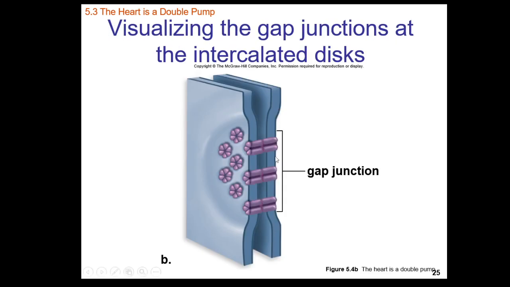So those gap junctions, the big purpose here is to allow the impulses to carry through, and also leaving some space allows those cardiac cells to contract together, in unison, and provide that strength of push we need for the blood.